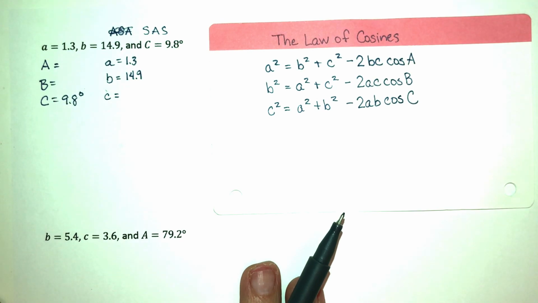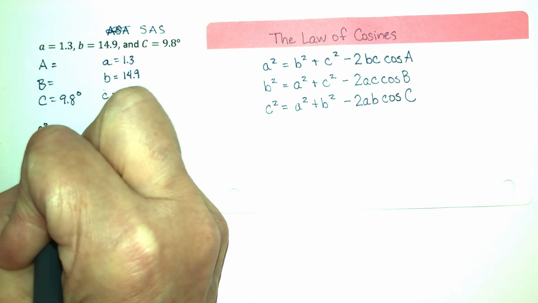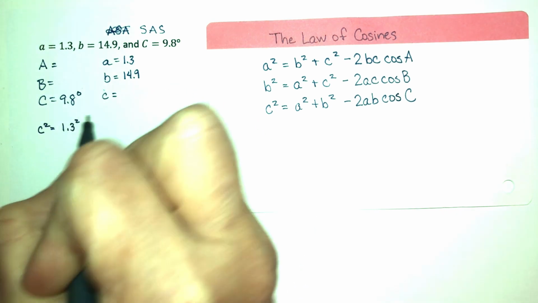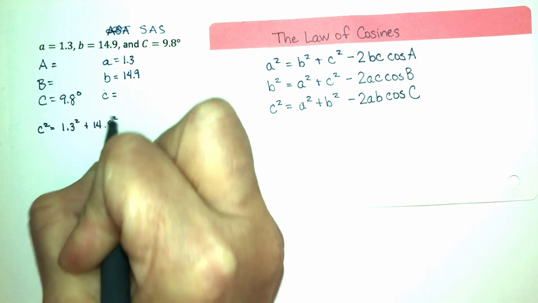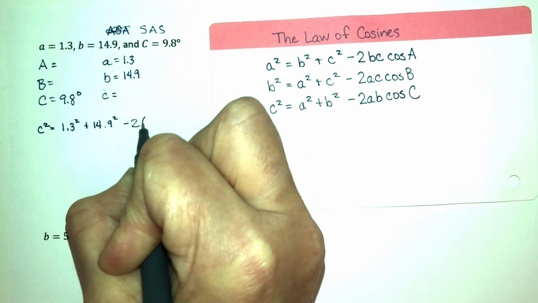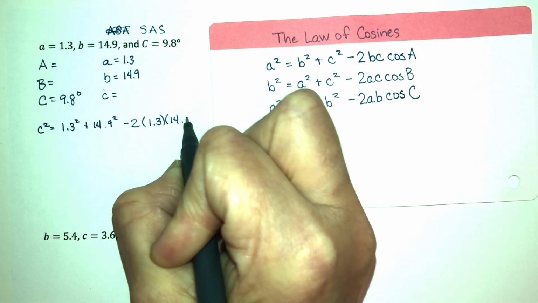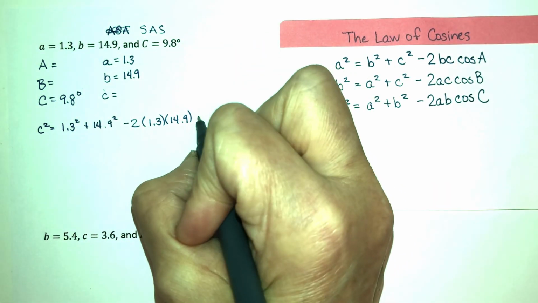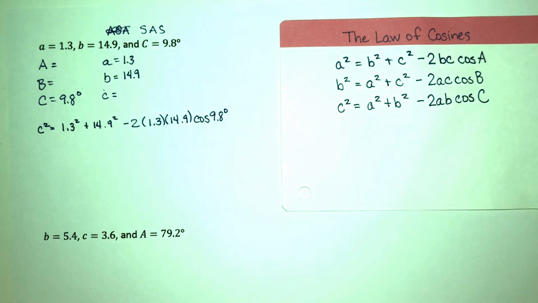So I have C squared is equal to A squared plus B squared minus 2 times A times B times cosine of angle C. Okay?